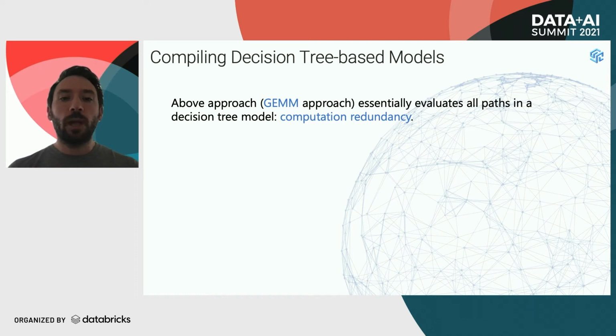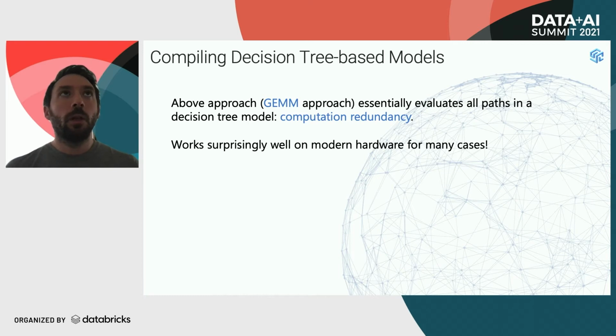That is what I meant when I said computation redundancy. If you think about this, it is kind of strange, because we are saying that we are doing exponentially more work than you would usually do when you implement your regular decision tree traversal algorithm.